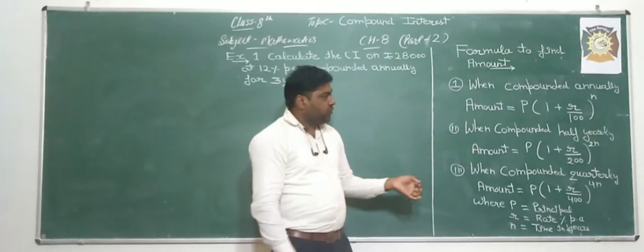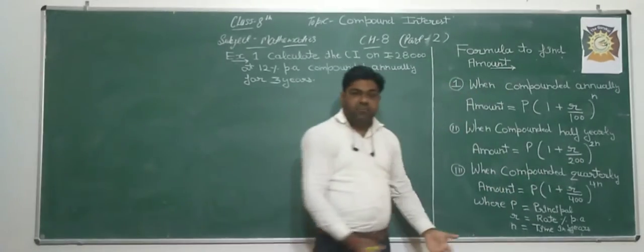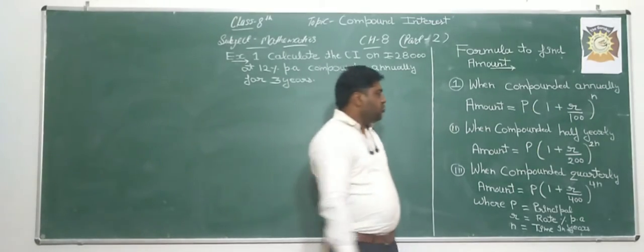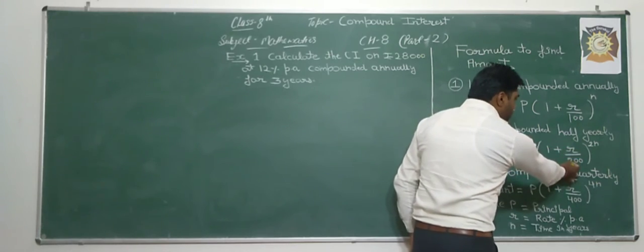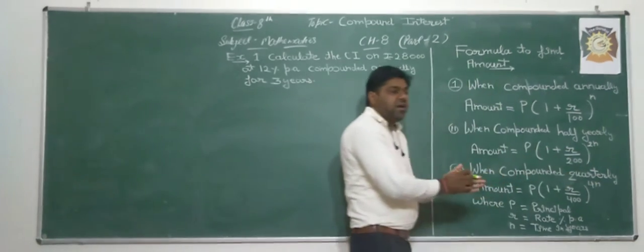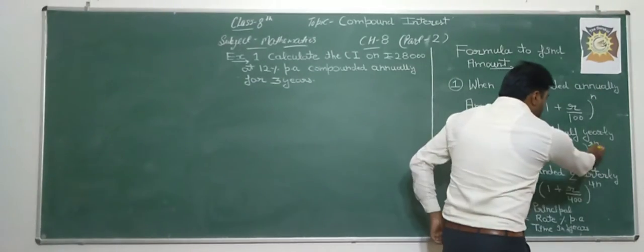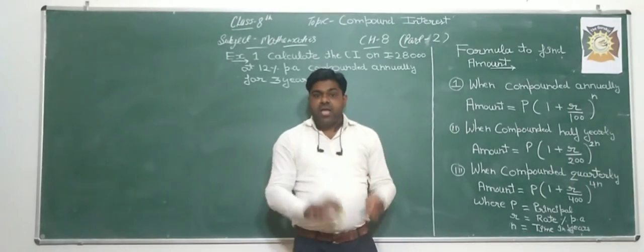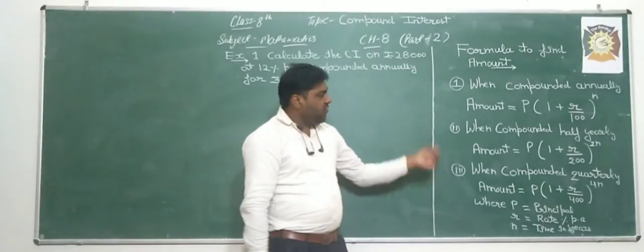So we multiply the time by 2 and divide the rate by 2. The formula is principal into 1 plus rate upon 200, because we are dividing the rate by 2, raised to the power 2n, because we are multiplying the time by 2, as there are 2 half years in 1 year.